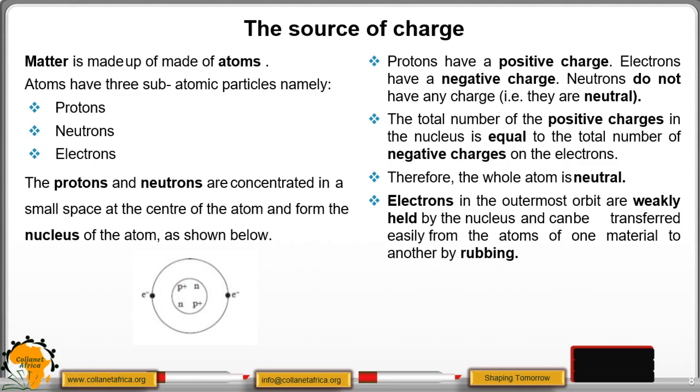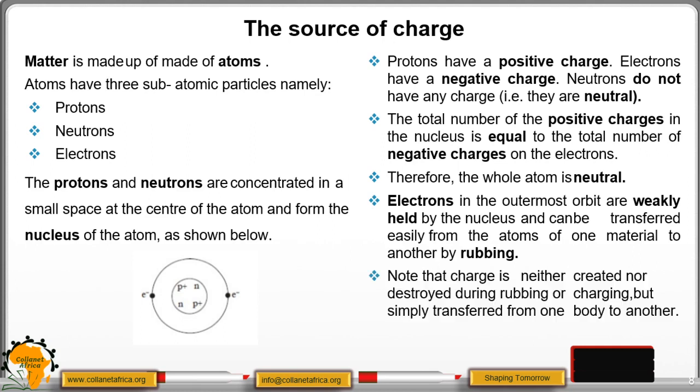Because they are far away from the nucleus, they are weakly held by that force of attraction. And that is why it is possible to remove electrons from the atom by just rubbing, because they are weakly held.